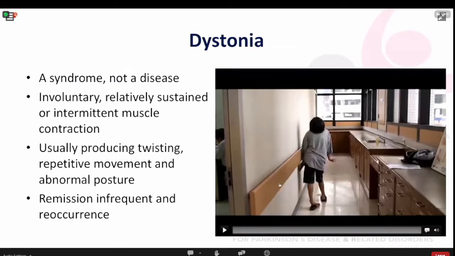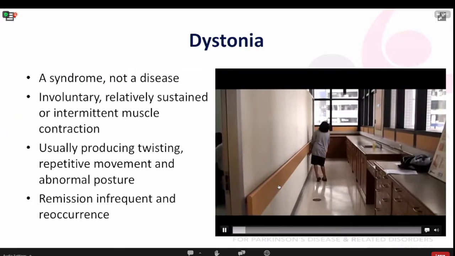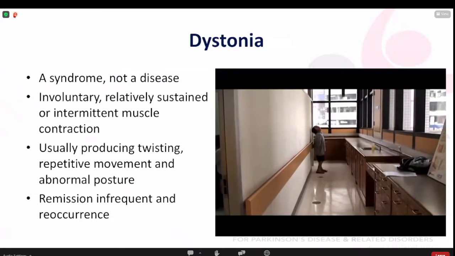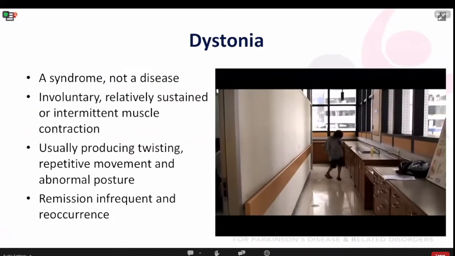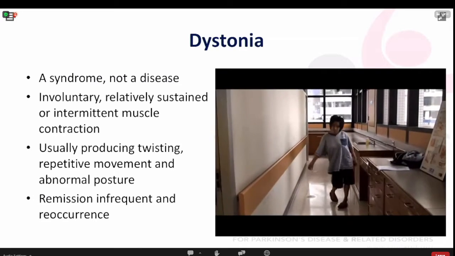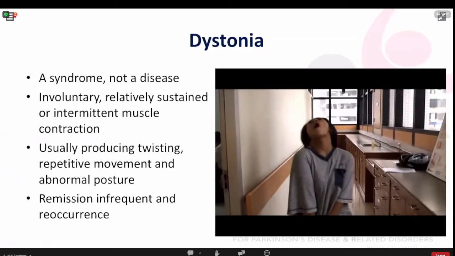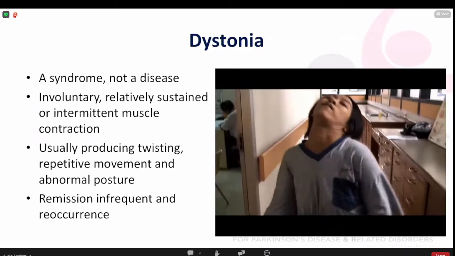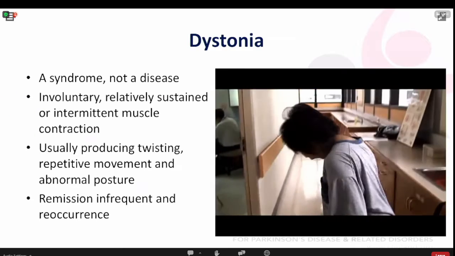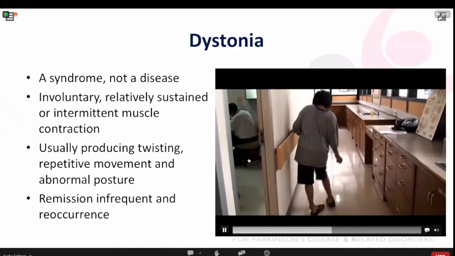Again, I will show you a generalized dystonia patient, which is involuntary, relatively sustained or intermittent muscle contraction, and usually produces twitching that you will see in her neck, her arm, and her trunk, which is twitching and repetitive movement with an abnormal posture.